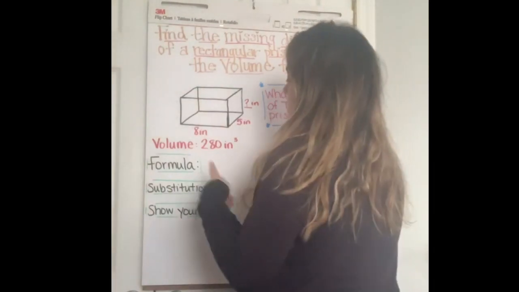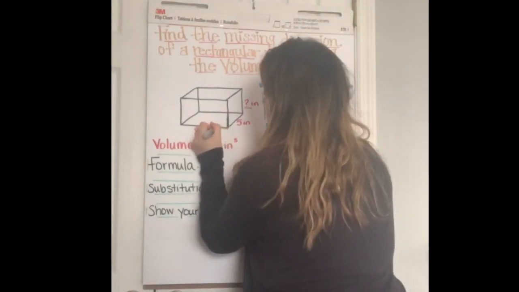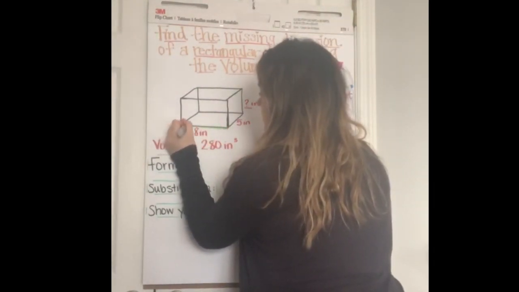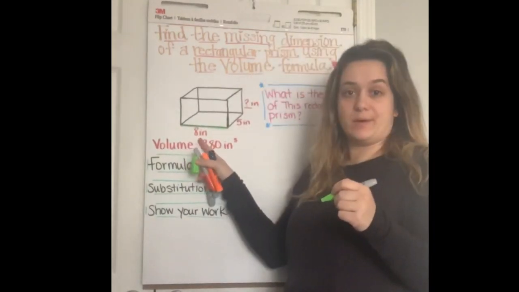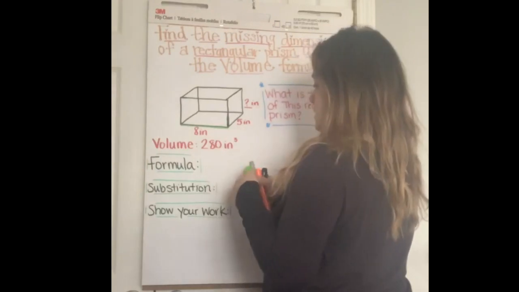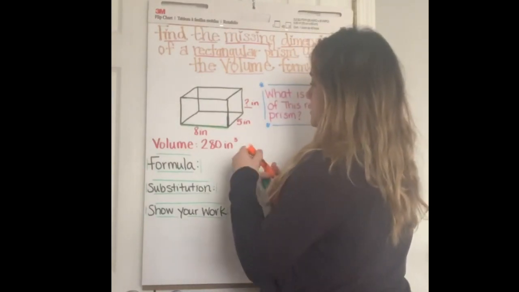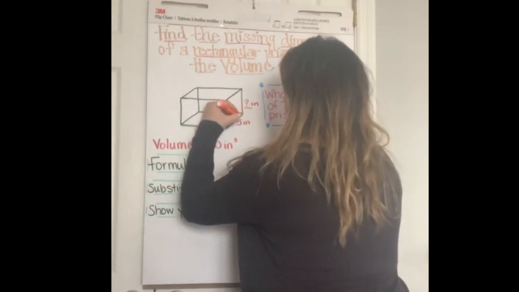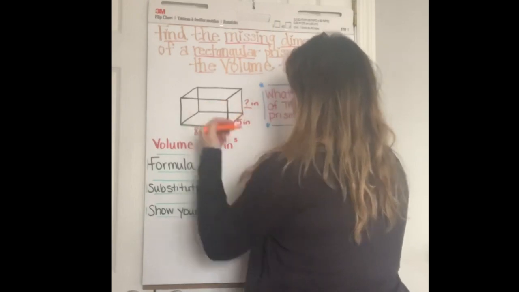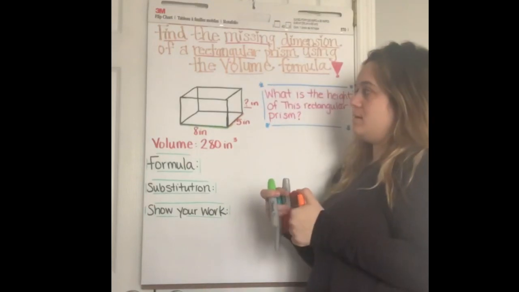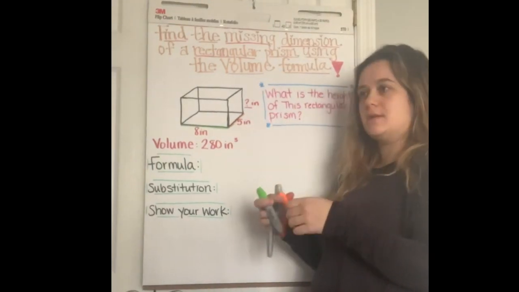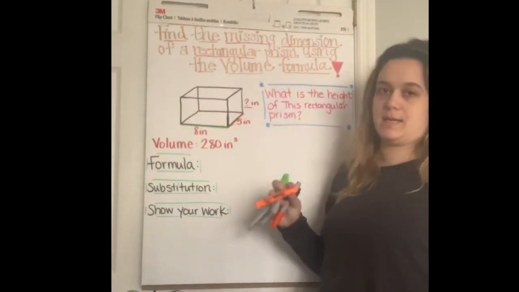So in green, I'm going to highlight this part for us. 8 inches is going to be our length. And I'm going to take the orange. 5 inches is going to be our width. And, oh, it looks like we're missing a dimension. Yep, we're missing our height.